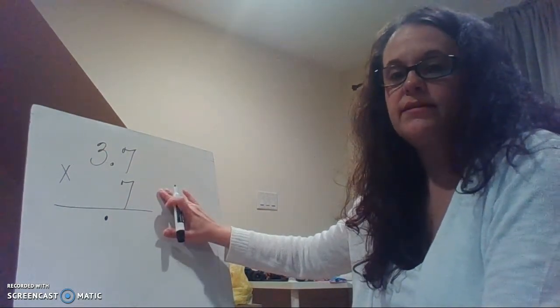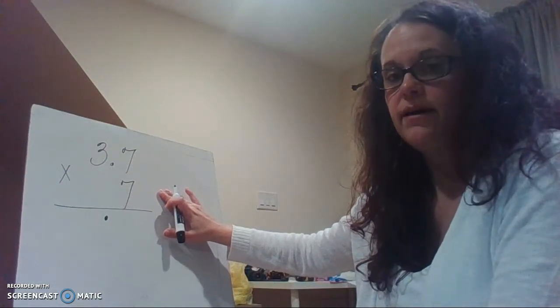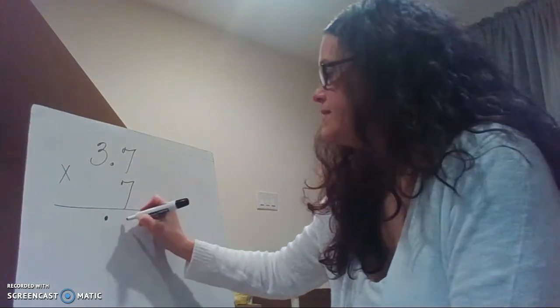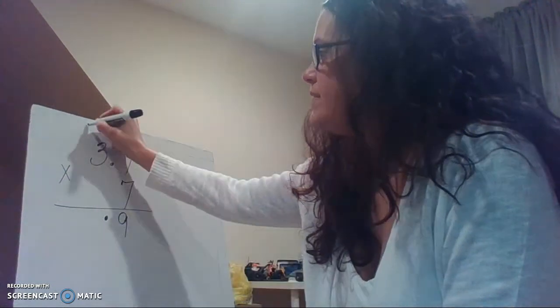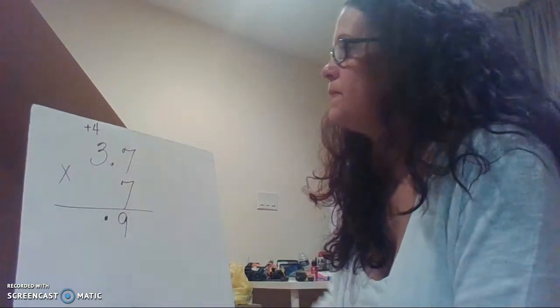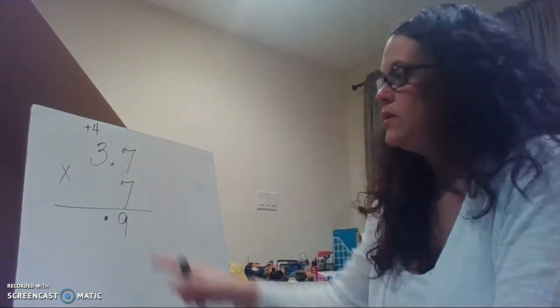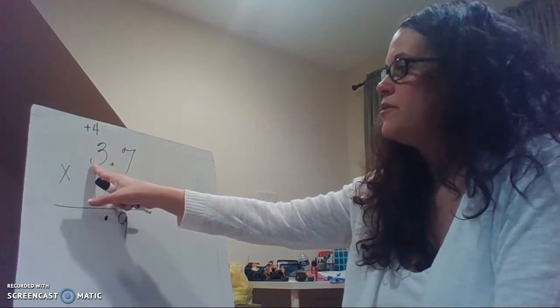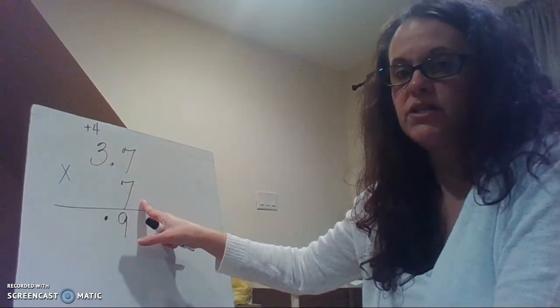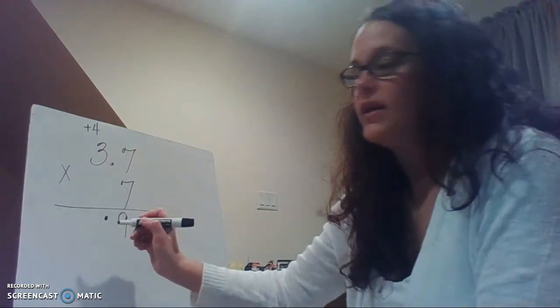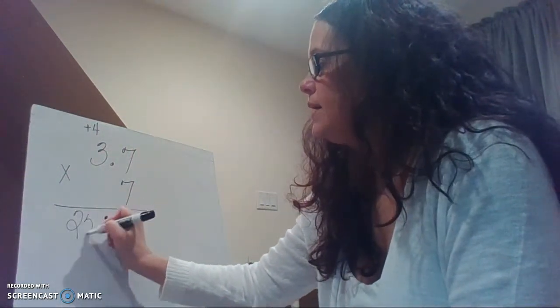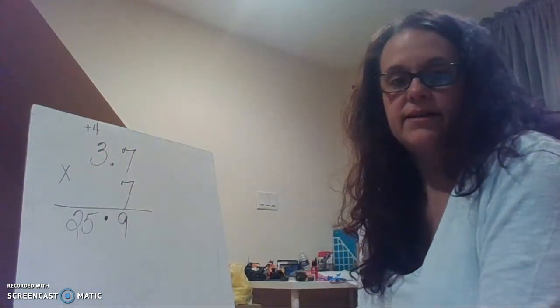So 7/10 times 7 is 49/10, or 4 9/10. They remain in their proper column. I regroup the 4 wholes. Now I multiply 3 times 7 is 21, plus the 4 that I have regrouped. And now I have 25 9/10.